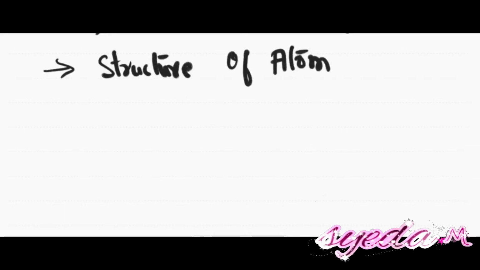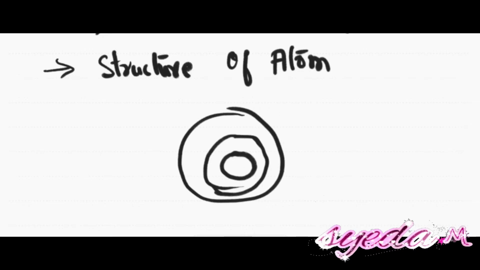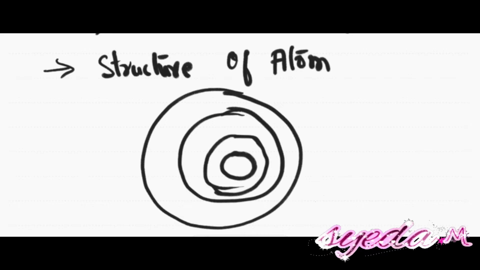we know that as per the Bohr model, an atom has a central nucleus, right? What is it made up of? Just think. These are the shells. So this is the nucleus. The nucleus is made up of what? Protons. What is the charge of protons?